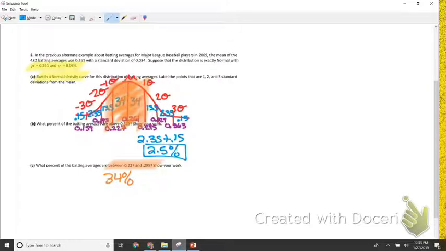From the 0.261 to the 0.295, that was another 34% of the data. So there's 2 little sections that I shaded in our diagram. That gives us approximately 68% of the data, or 68% of the batting averages would be between 0.227 and 0.295 for that 2009 baseball season.